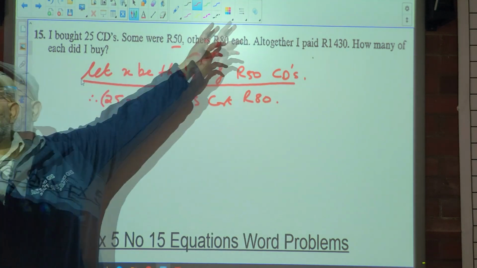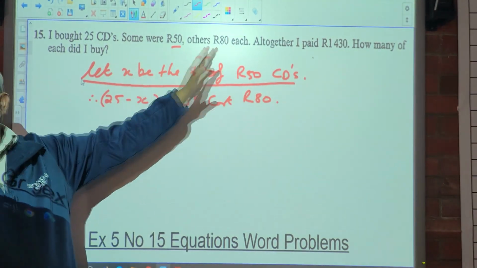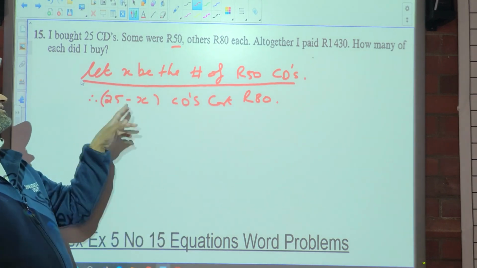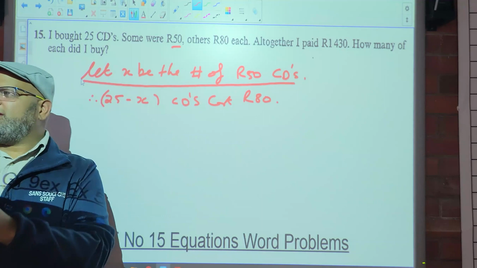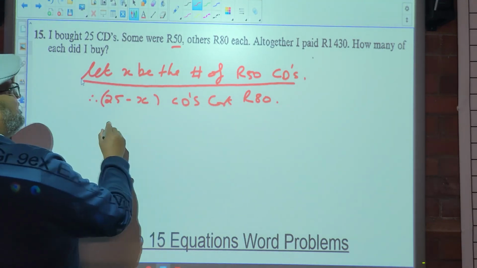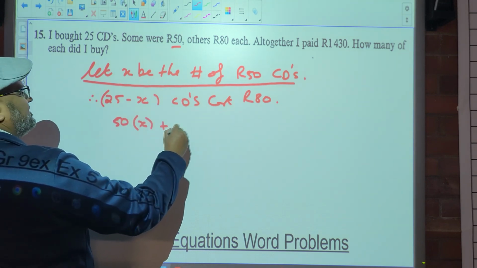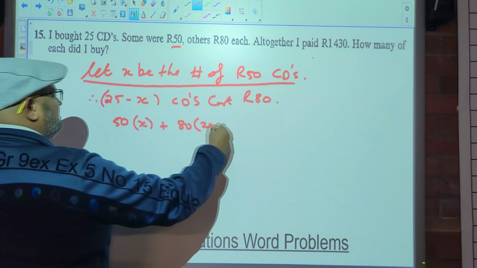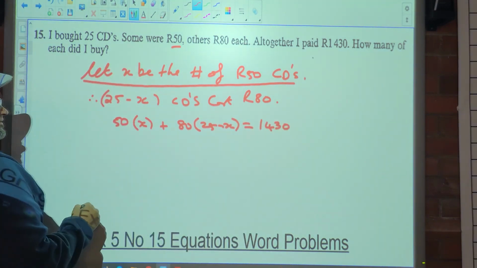And then how do we get the total? We say the number of 50 Rand CDs multiplied by 50 plus the number of 80 Rand CDs multiplied by 80. You add them together, you'll get the total. Not so? In this case, we got 50 multiplied by X plus 80 multiplied by 25 minus X is equal to 1,430.